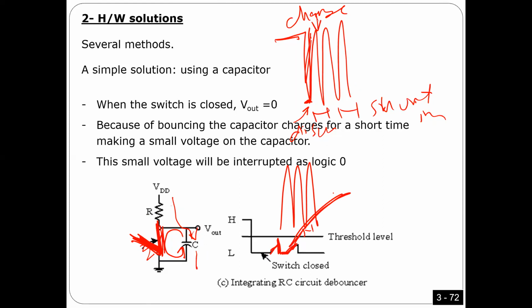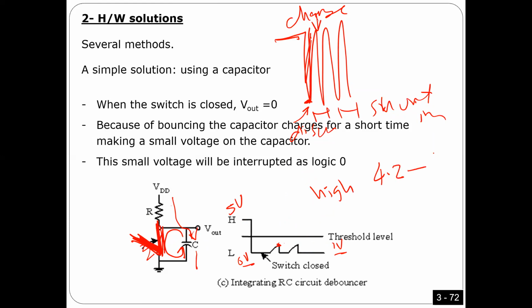As you see here, guys, this is the voltage, it's 5 volt, and here it's 0 volt. And then here it's gonna go a little bit up, like 1 volt or whatever. But still, for high, we have a range, for example, from 4.2 until 5 volt. For low, we have also a range.